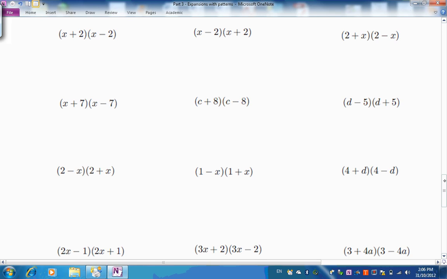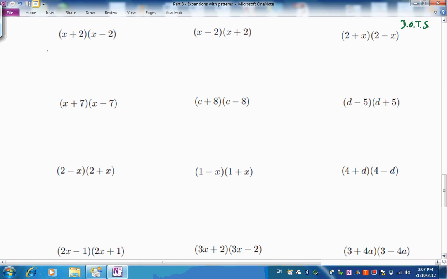And can you see, I've been kind to you, these are all difference of 2 squares. So what I'd like you to do now is to spot that and see if you can go through and use the pattern method to quickly write down what the expansion of these are. Okay, so pause the presentation now and have a go, and I'll come back and do them all with you.